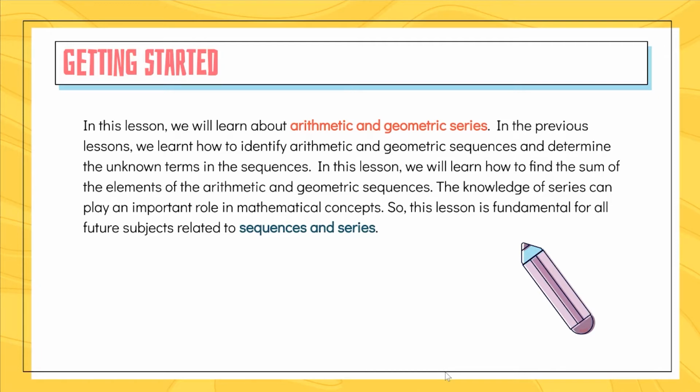In this lesson, we will learn how to find the sum of the elements of arithmetic and geometric sequences. Arithmetic and geometric series play important roles in mathematics, so this lesson is fundamental for all future subjects related to sequences and series. Here we talk about the difference between an arithmetic sequence and an arithmetic series.